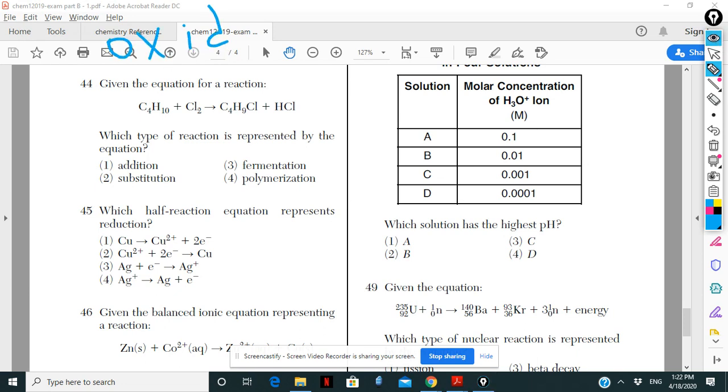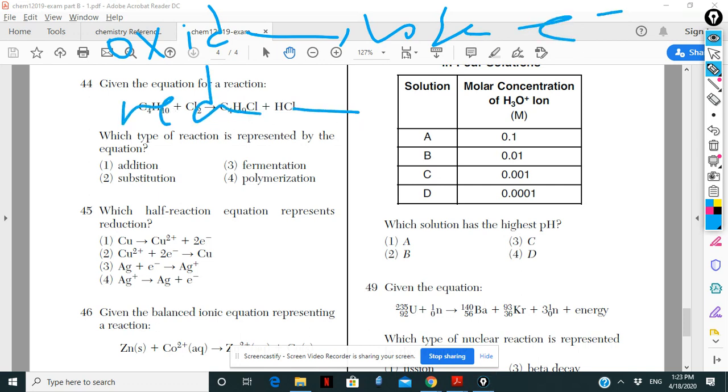Oxidation means losing electrons, and reduction means gaining electrons. Here it is losing, because I start with an element and it loses two, so that's incorrect. Now here copper gains electrons, and instead of being an element it becomes positive, that's correct.